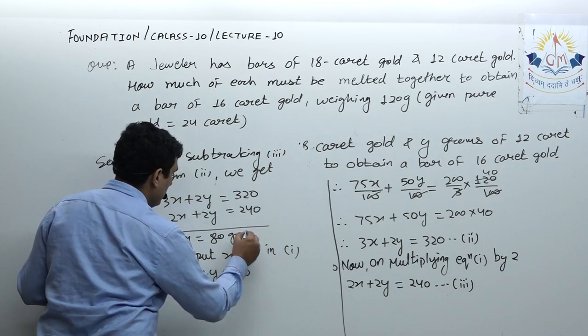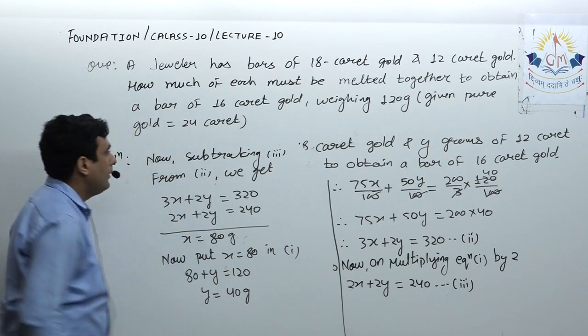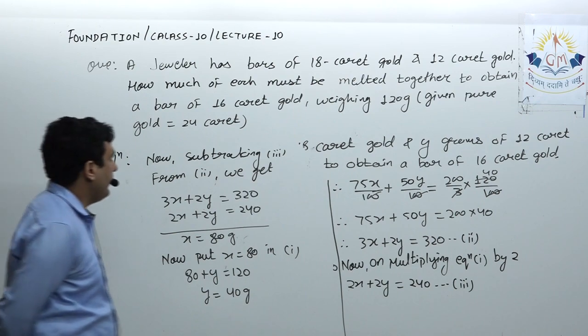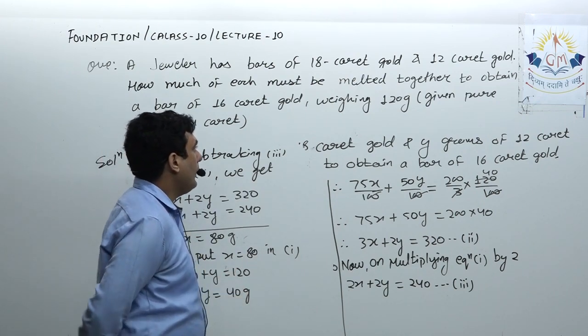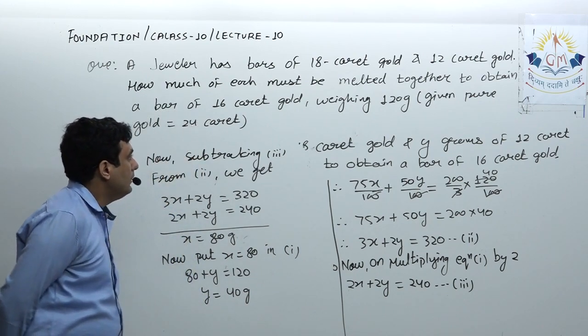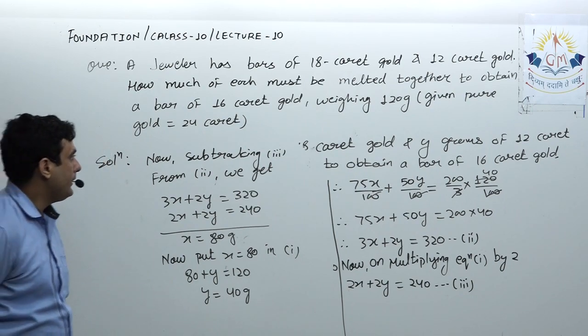So my final answer: I have to take 80 gram of 18 karat and 40 gram of 12 karat gold to get a bar of 16 karat gold whose weight is 120 gram.